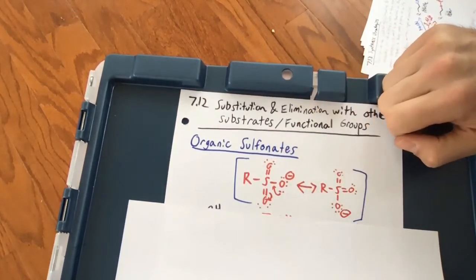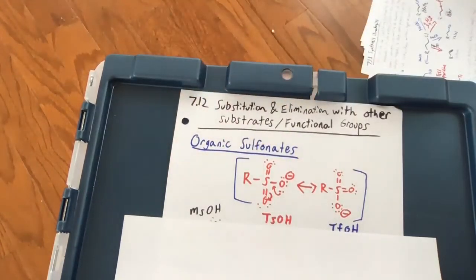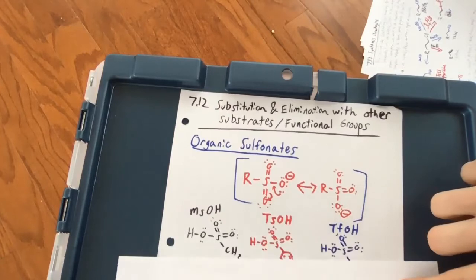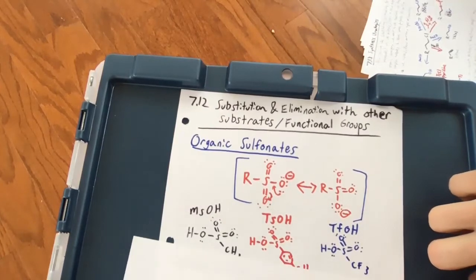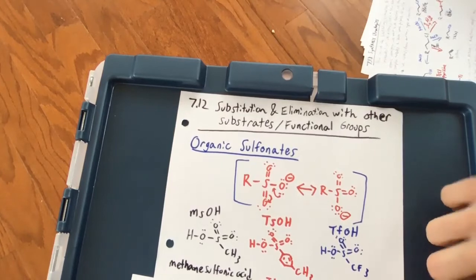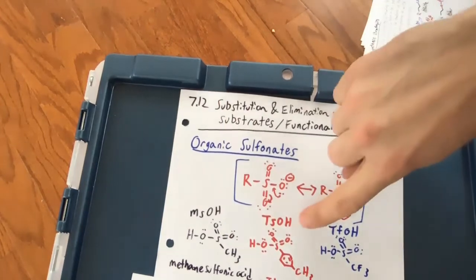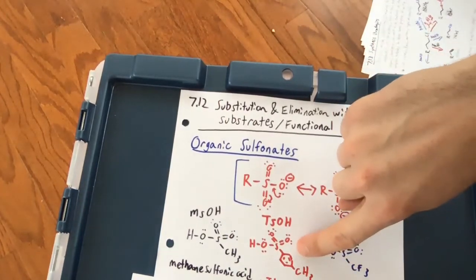There are three main types of organic sulfonates that we use in organic chemistry. They have their own abbreviations and very different structures. MsOH is called methane sulfonic acid, so named because there's a methyl group in the sulfonic acid. There's also para-toluene sulfonic acid.